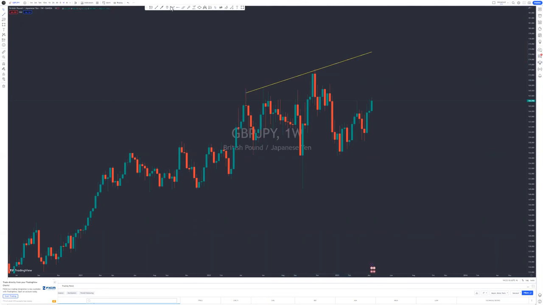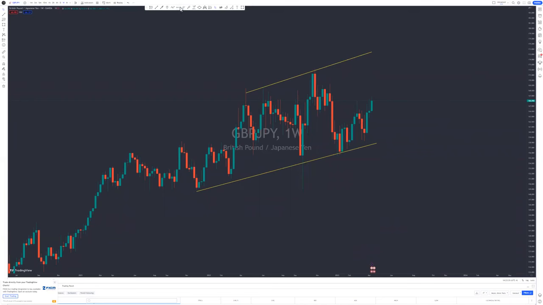Then I'll come to the lower low and do the same thing. 1, 2, 3. I also have my 1, 2, 3. Perfect.